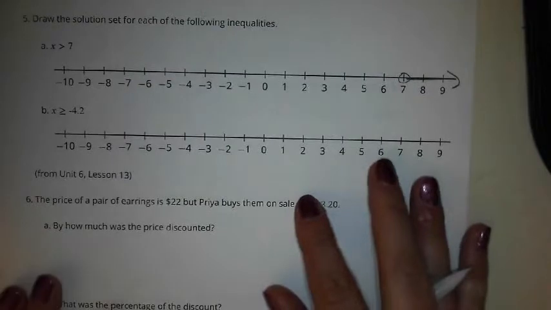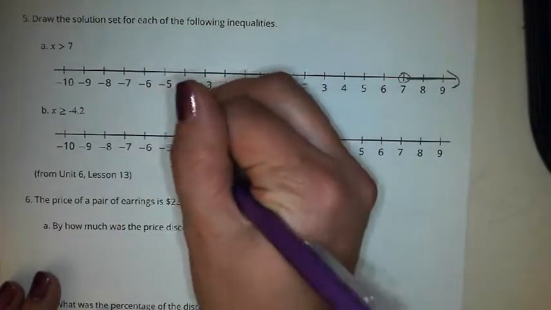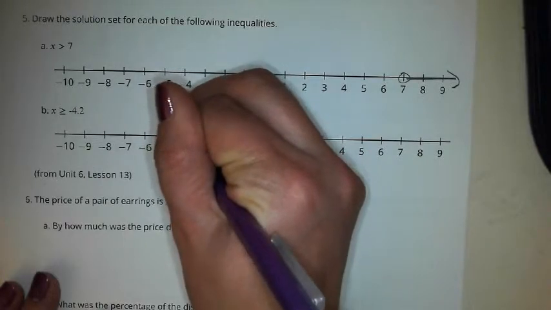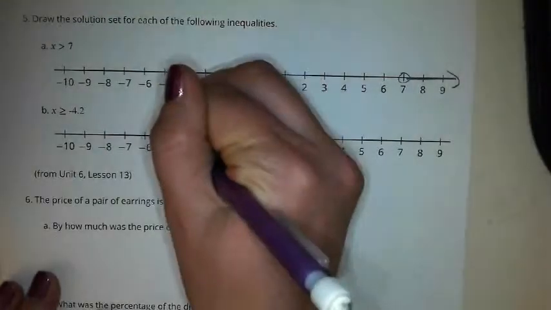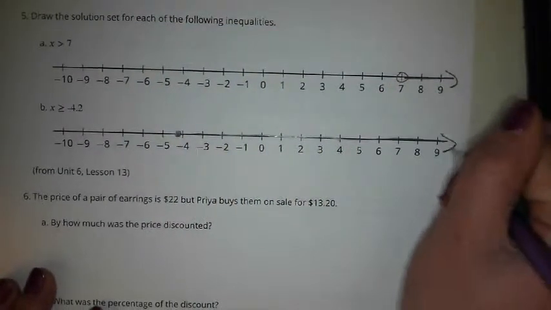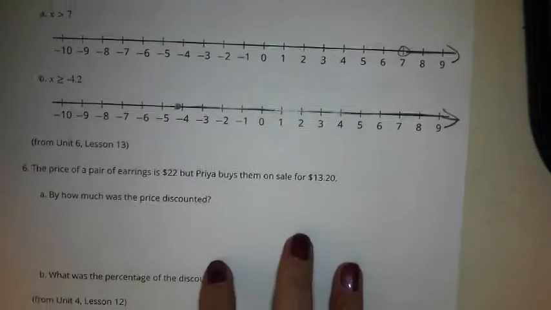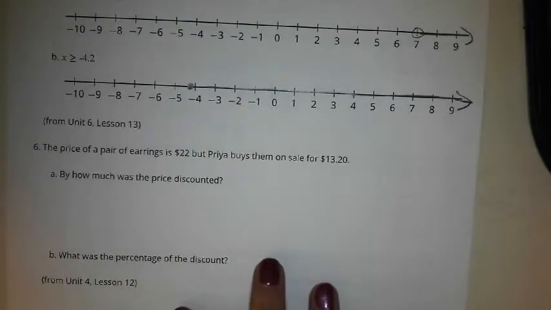So we're going to have a closed circle at negative 4.2, which is probably right around here. And we're going to the right because it is greater. Now if you want, you can use different colors besides pencil. You can see your marks totally fine with me.